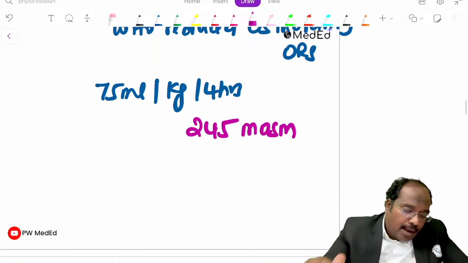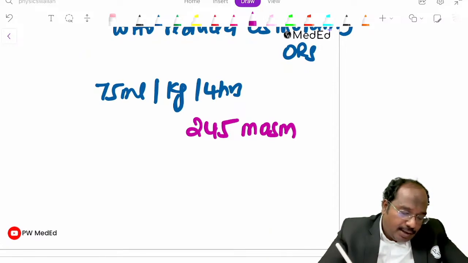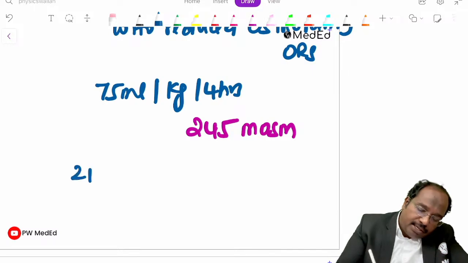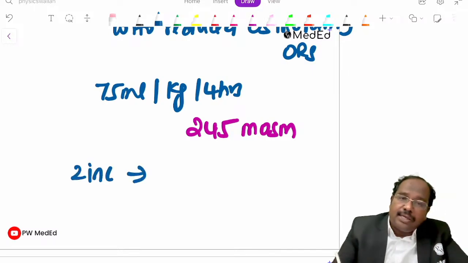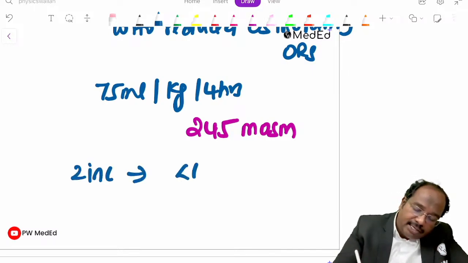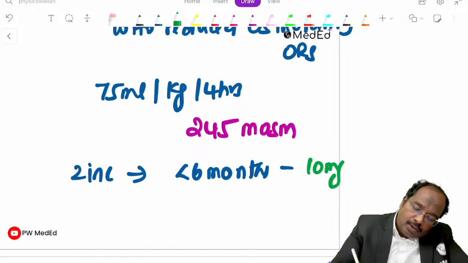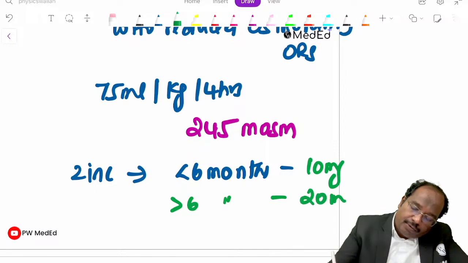Apart from this, we have to give zinc also, guys. For less than 6 months, we give 10 milligrams. For more than 6 months, we give 20 milligrams.